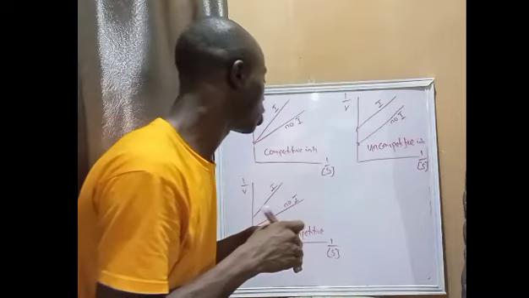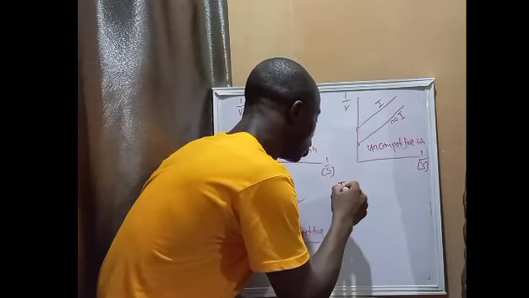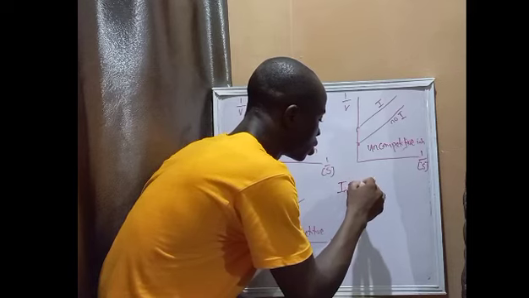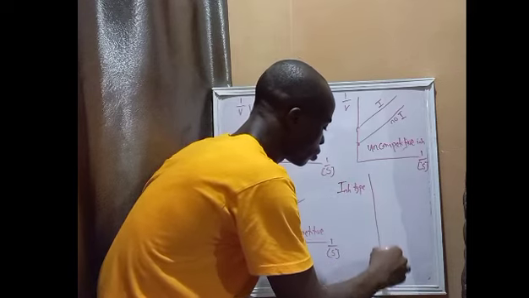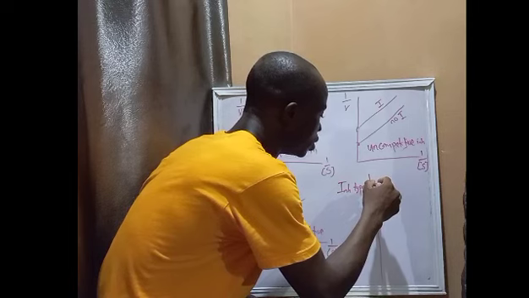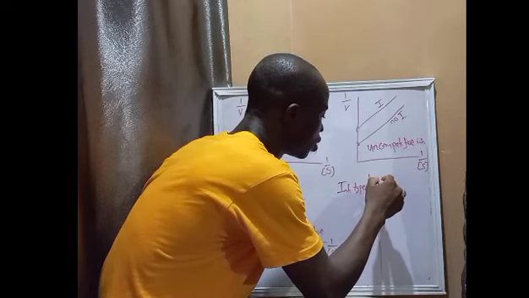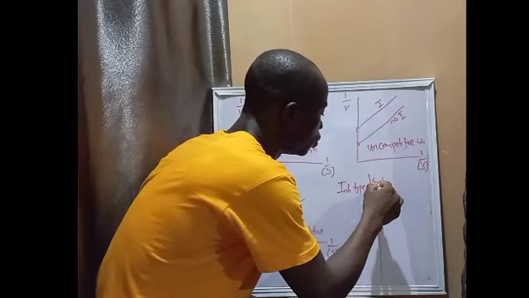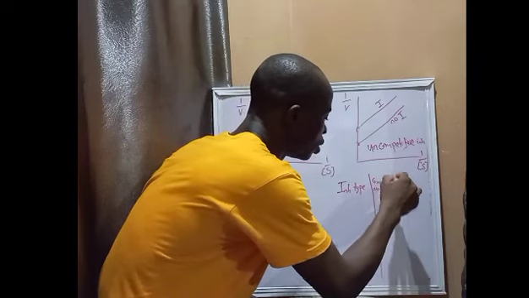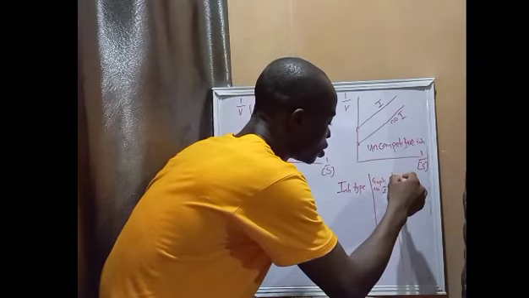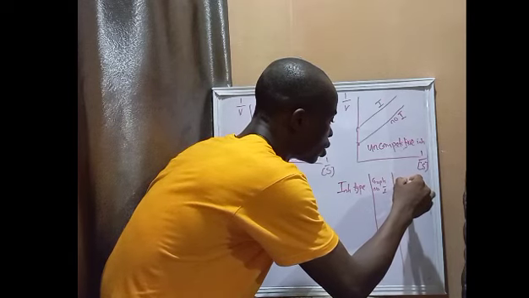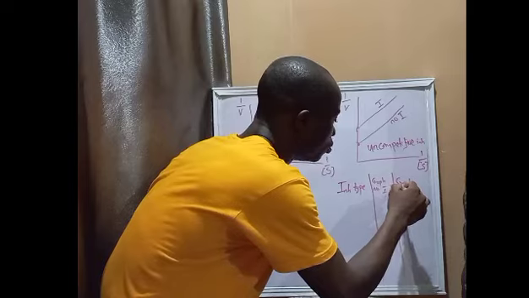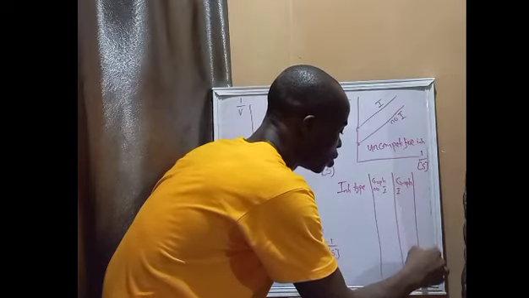So let's just try to look at this. Inhibition type, let me write that. So let's say this is the graph of no inhibition, and this is the graph for the one that contains inhibitor.